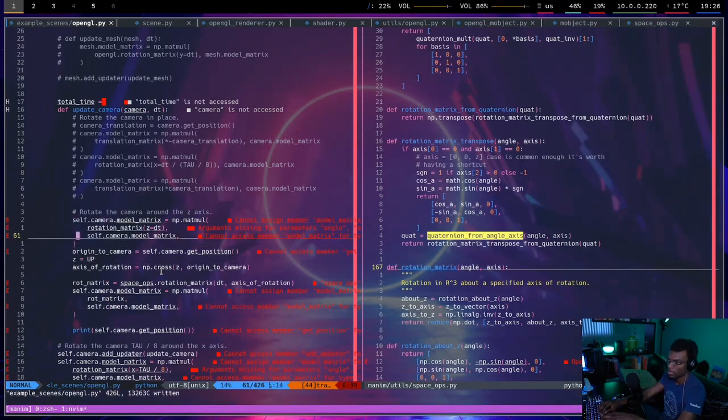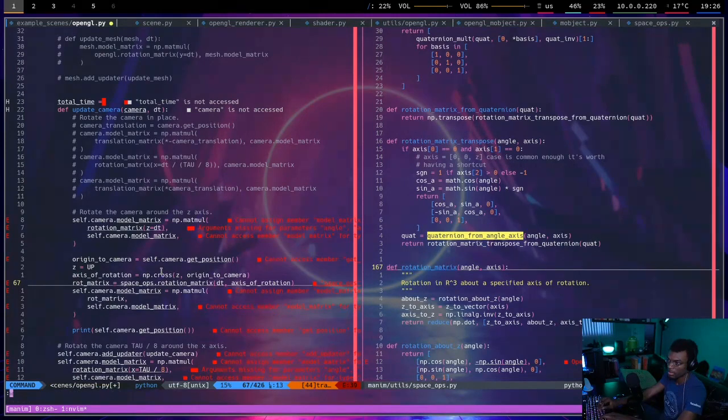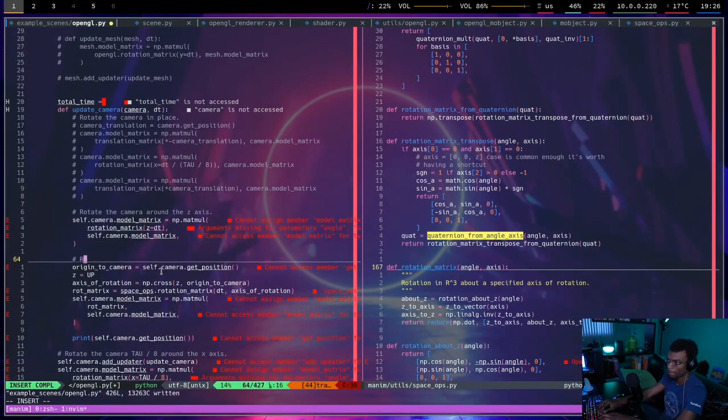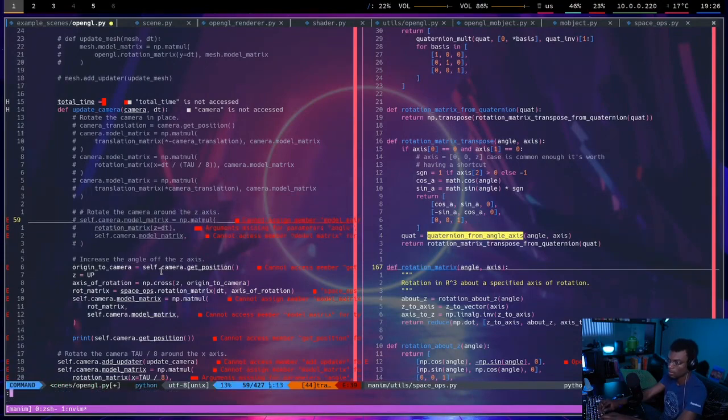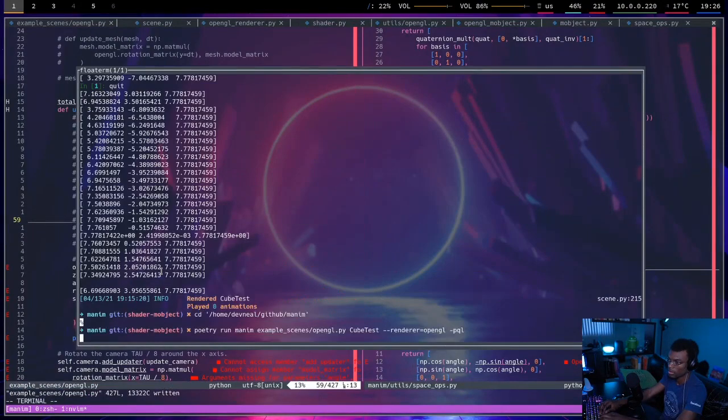So I'm going to pause the rotation around the z-axis. This is like increase the angle off the z-axis. Okay, let's see if that works.